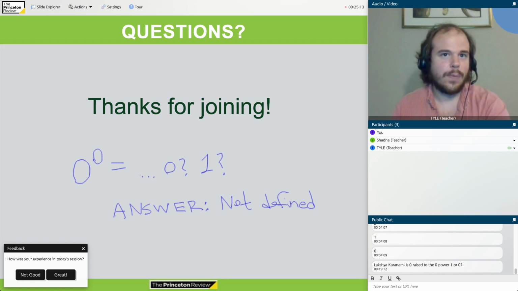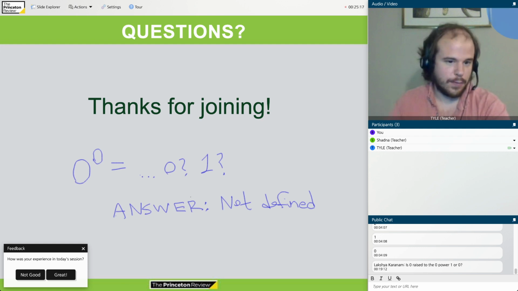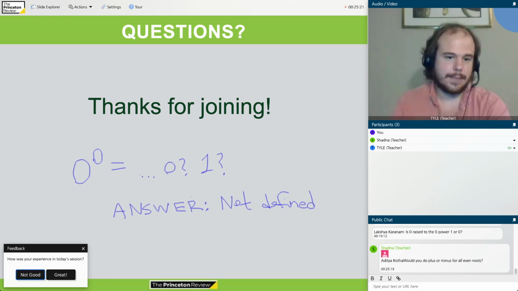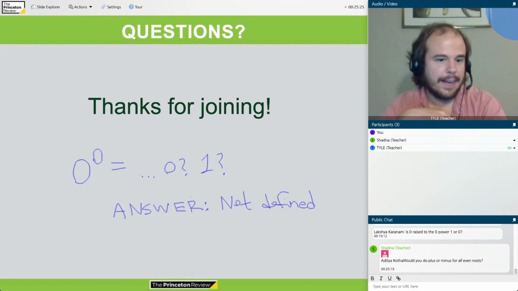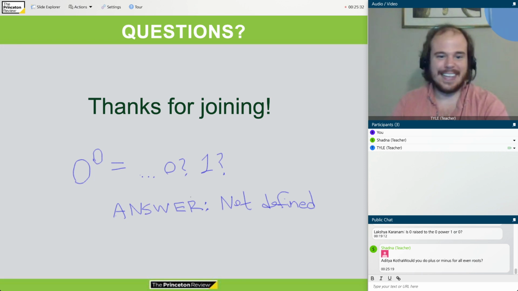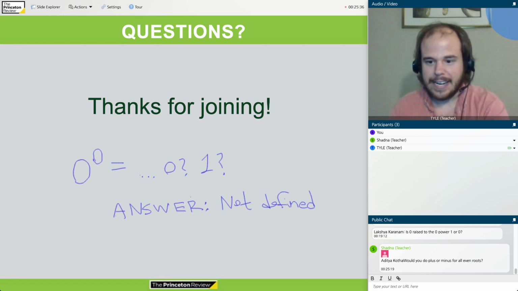Technically, when you take calculus, you could look at this through the frame of different ways to take a limit. If we consider the function x raised to the x power and take the limit as x goes to 0, then depending on how we choose to take that limit, we'll get different results for 0 raised to the 0th power. But the answer is just, this one's not defined. 0 to the 0, not defined. Similar to dividing by 0, you just can't do it.